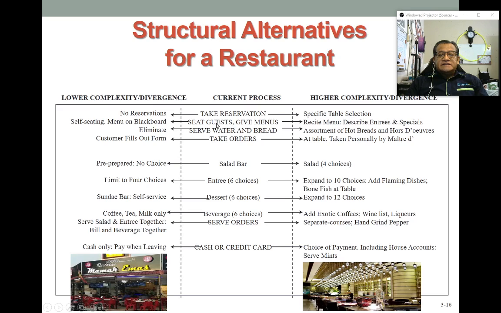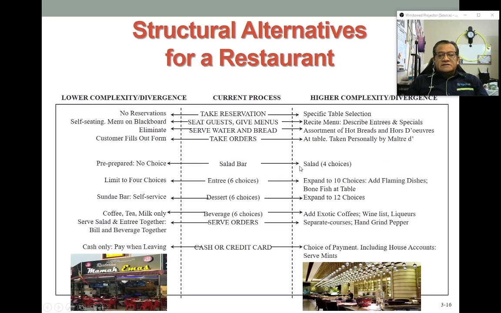As far as seats and menus, the waiter or waitress will tell you what the menu is and describe the special offerings. Your order will be taken by a very specialized waiter or waitress, those who are familiar with the available menu.